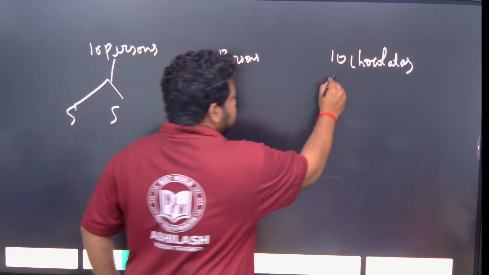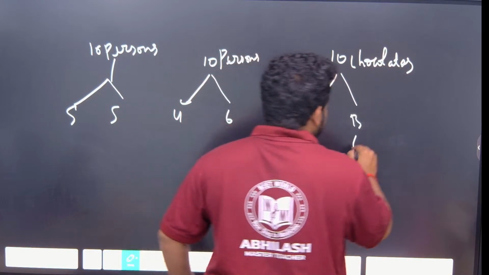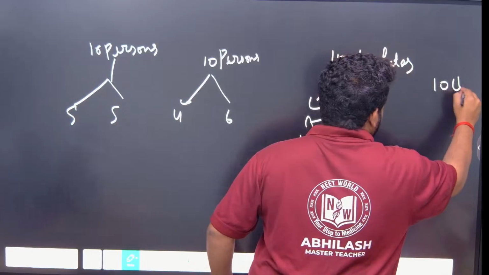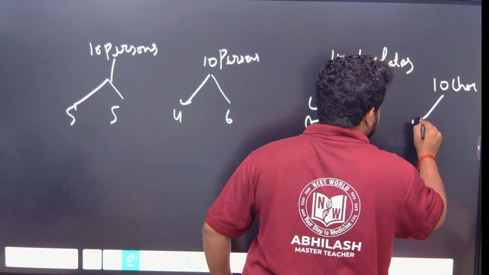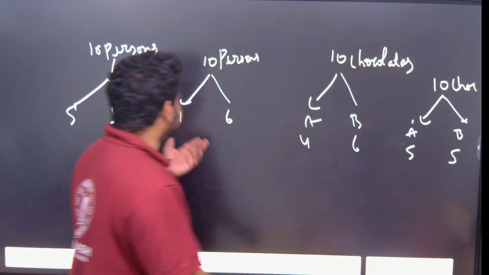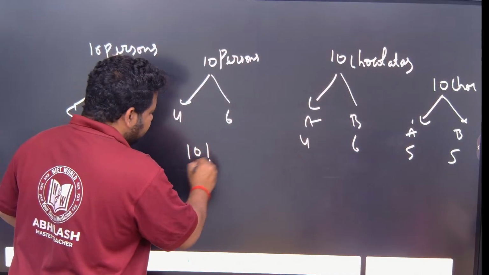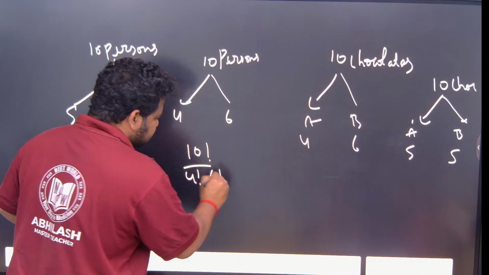So 10 chocolates you are giving to 2 persons A and B as 4 and 6, and 10 chocolates you are giving to A and B again as 5 and 5. So 4 and 6 means the number of ways is 10 factorial by 4 factorial into 6 factorial.